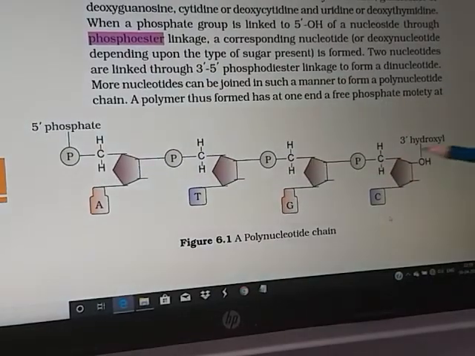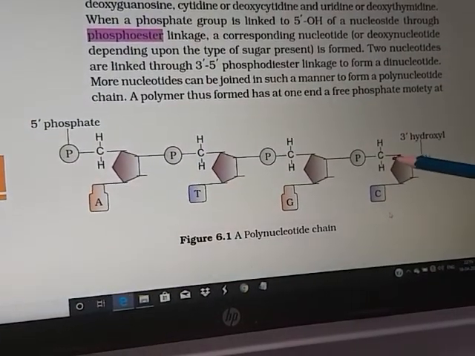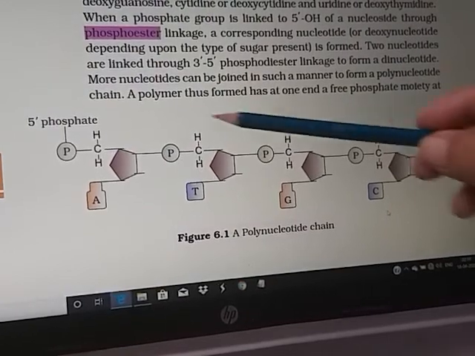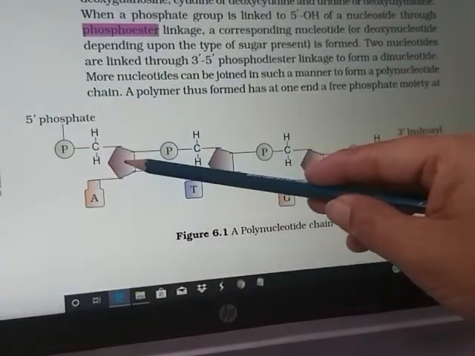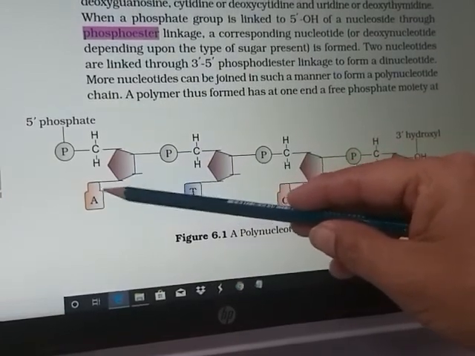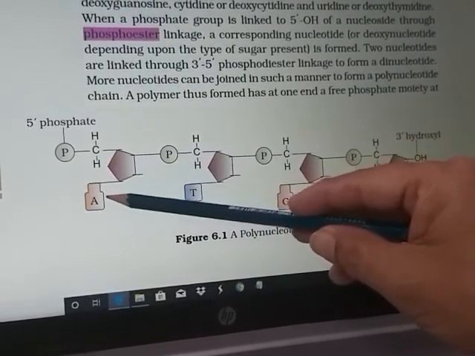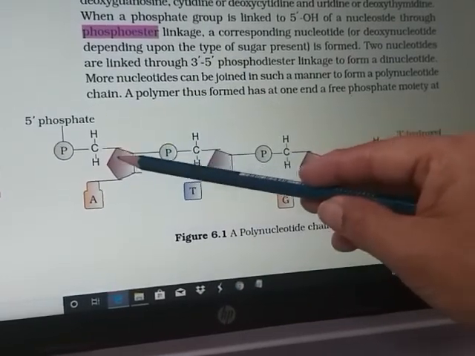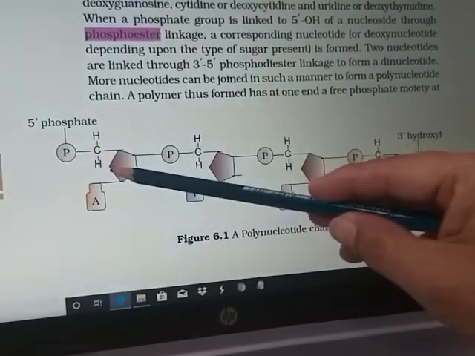This is a polynucleotide chain. This is one polynucleotide chain, and this is the sugar molecule. It is attached with the nitrogen base, and this A is for adenine. It is attached here with the phosphate group.